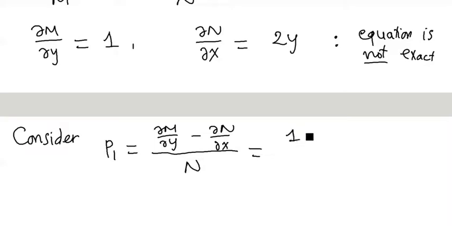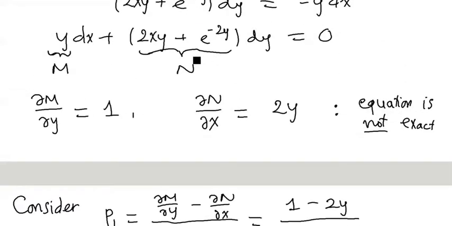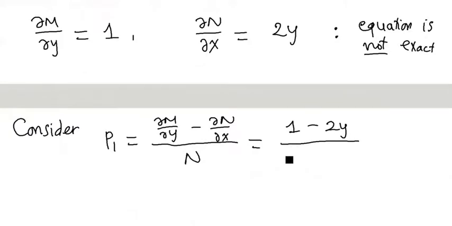We have 1 minus 2y divided by N. N is the whole thing here, 2xy plus e to the minus 2y. And we won't be able to simplify, right?